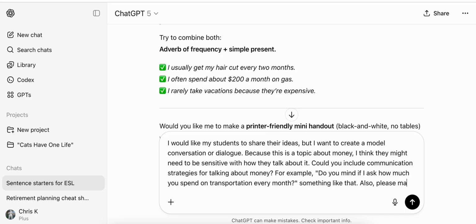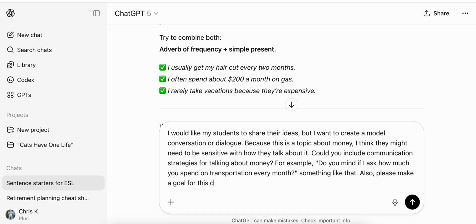Also, please make a goal for this discussion. So a lot of times it's just, share with your partner, share what you wrote with your partner. And I think most of the time the students are happy to share, they just enjoy the conversation. But a lot of times we think, okay, real discussions often have goals, right? Even if we're not sure what those goals are, they might be implied goals or subconscious goals, or unconscious goals maybe.